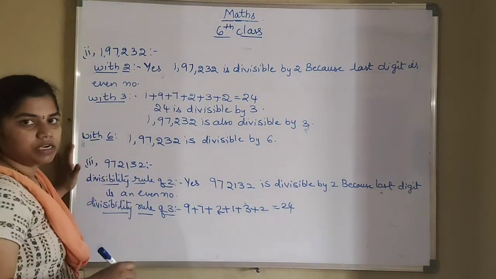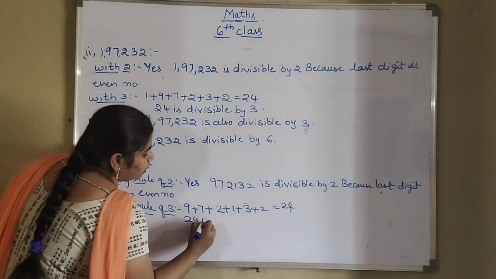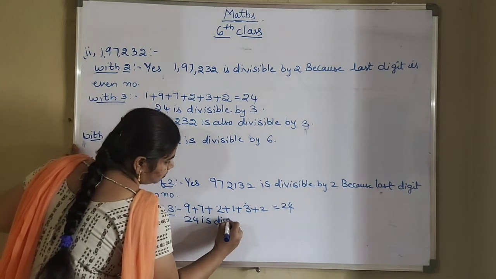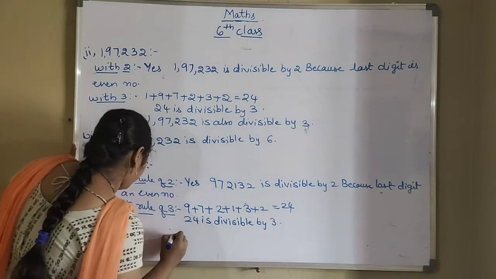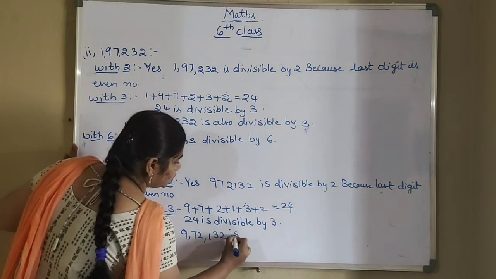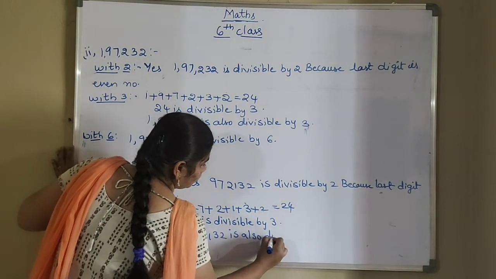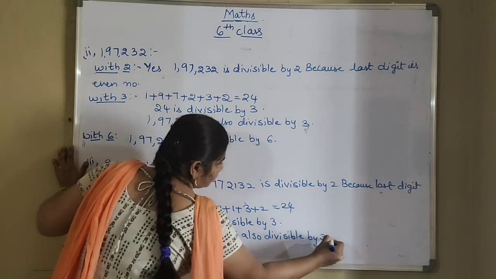So 24 is a multiple of 3. So it will be divisible by 3 also. So 24 is divisible by 3. So therefore 9,72,132 is also divisible by 3.